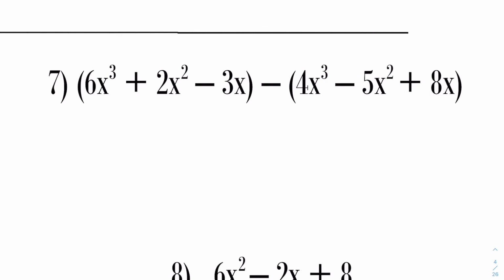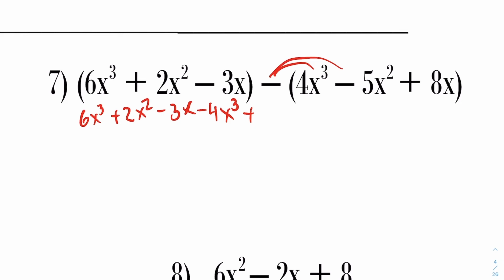There's nothing in front of the 6x cubed, so we can just drop the parentheses and rewrite it. Distribute the negative sign. Two negatives make a positive for this 5x squared. And minus 8x.